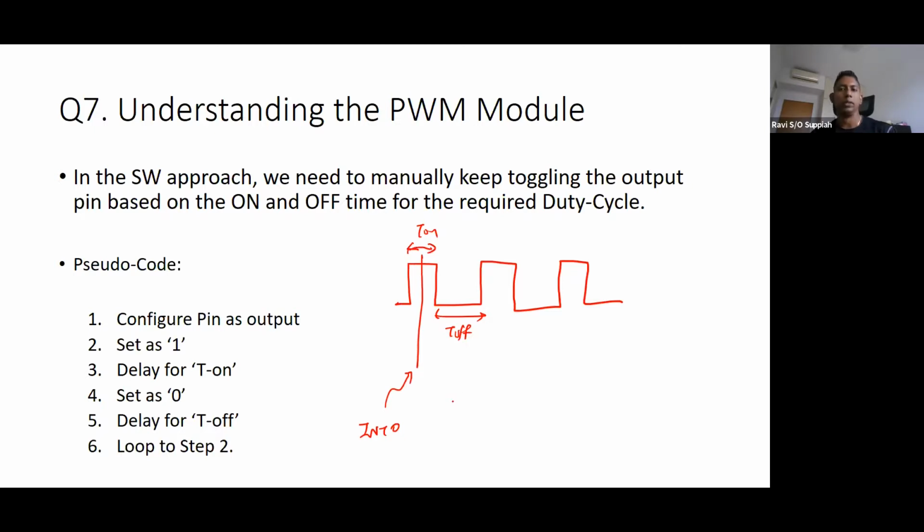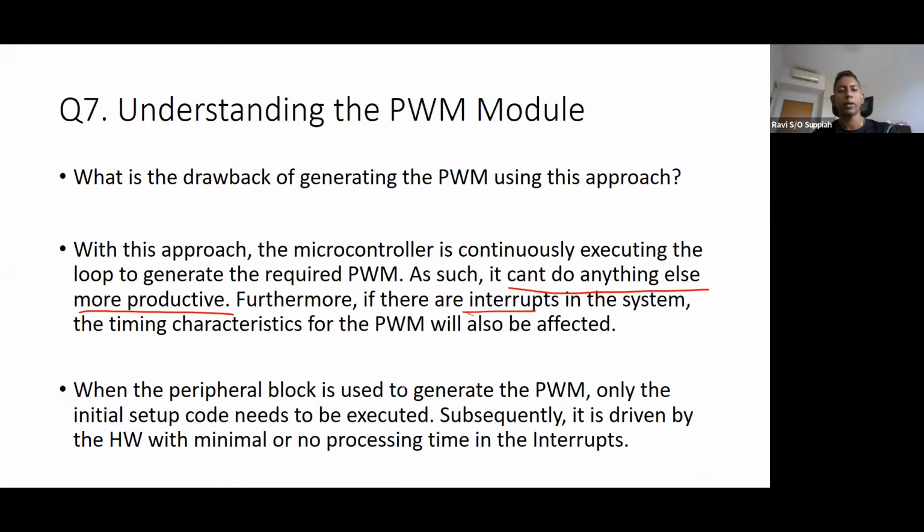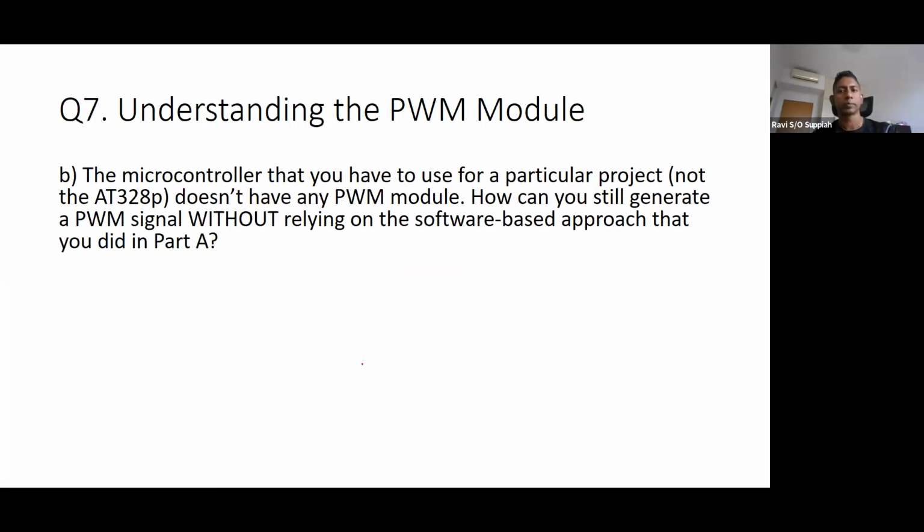All of this will impact the timing characteristics of how your PWM will behave. With the hardware block, you only need to do the setup code, and everything else is automatic. It's done in the hardware for us.